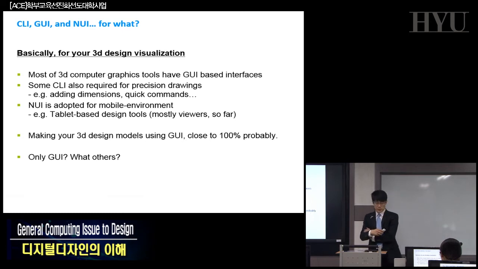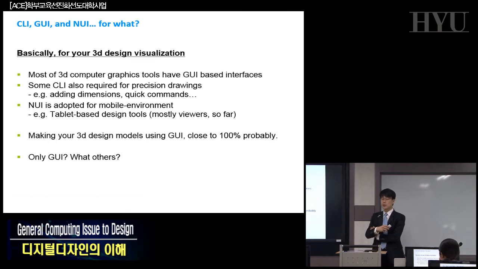Close to 100% of your near future software is going to be GUI based. Some CLI is still required. I told you, for precision, you need to type commands or exact numbers for dimensions, quick commands.